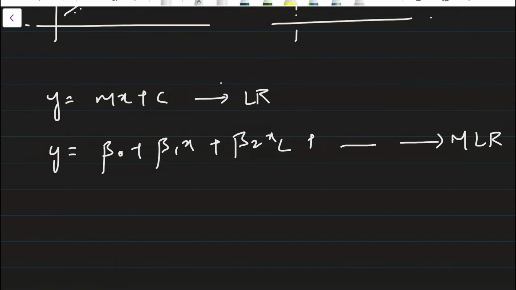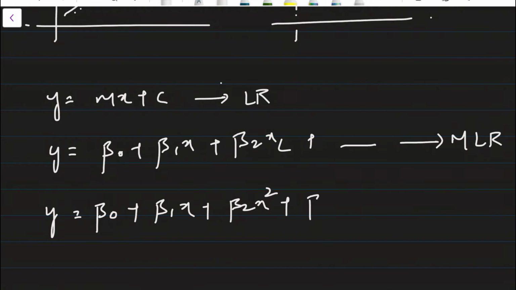The polynomial regression looks like y equal to beta naught plus beta 1x plus beta 2 x square plus beta 3 x cube and so on. This is first degree, this is second degree, this is third degree. The number of degrees is a hyperparameter we must provide to our model.